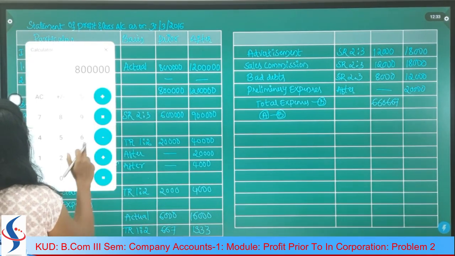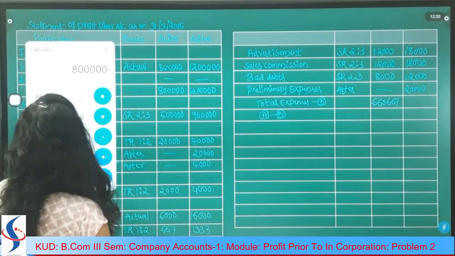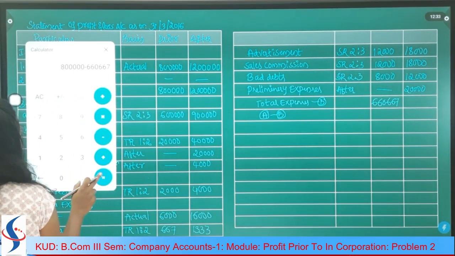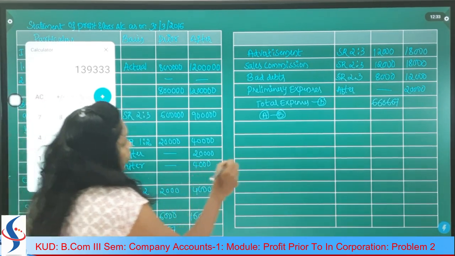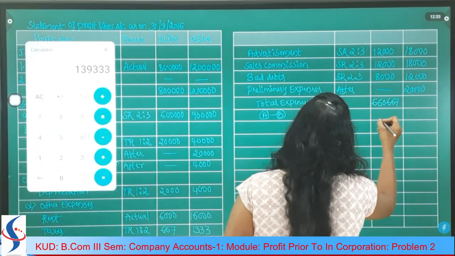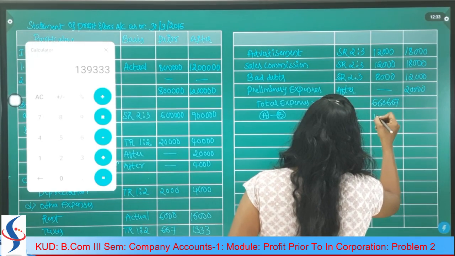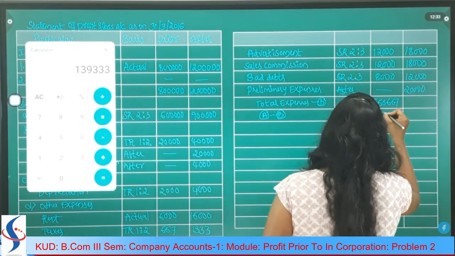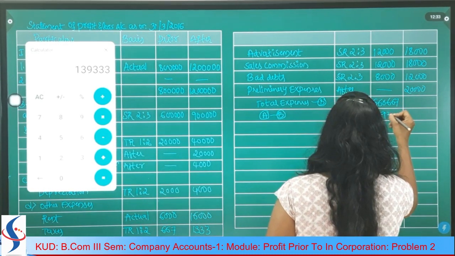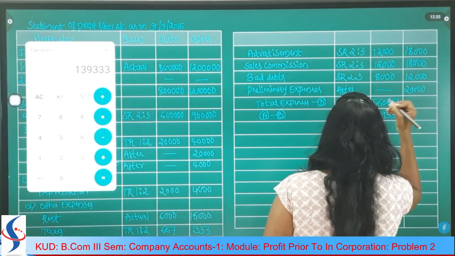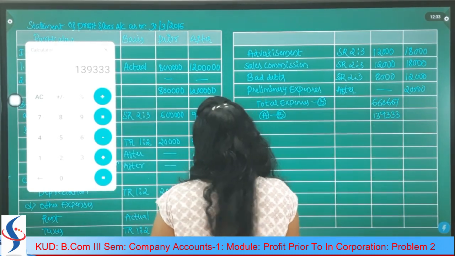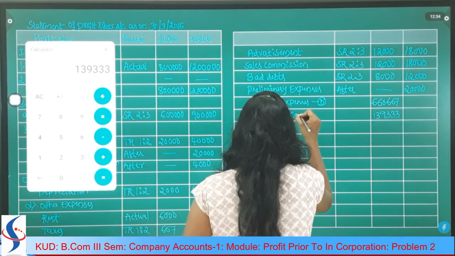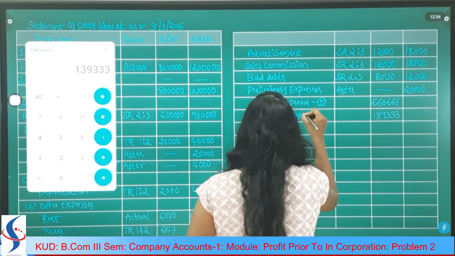Revenue for the prior period is 8 lakh minus total expenses for the prior period, 6,60,667. Then the answer is 1,39,333. The profit for the prior period is 1,39,333.